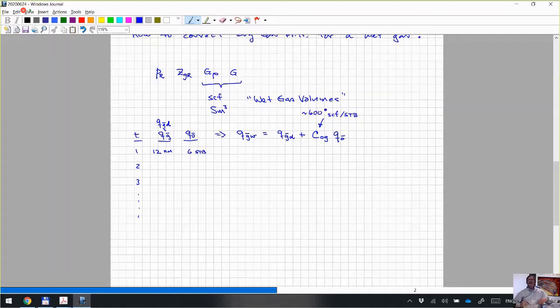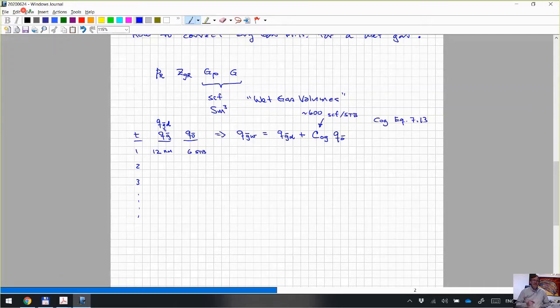You get that many extra standard cubic feet. So we have that equation, and I think the COG equation was 7.13.